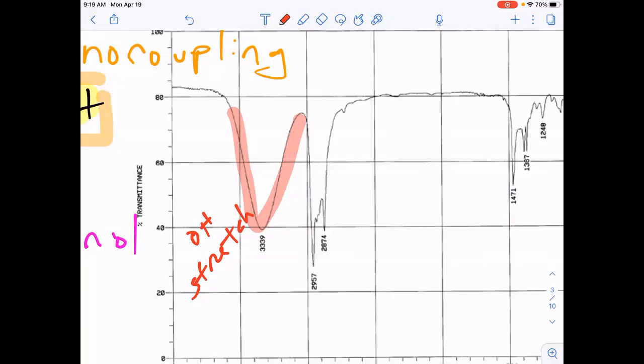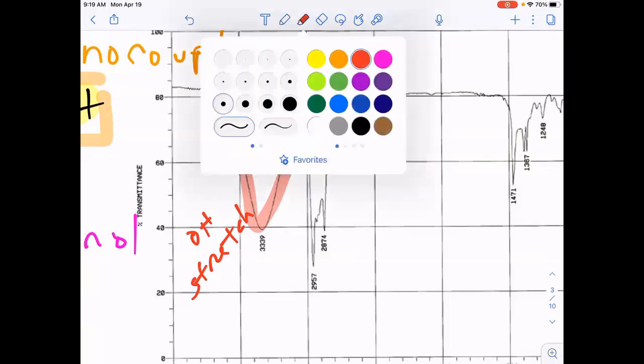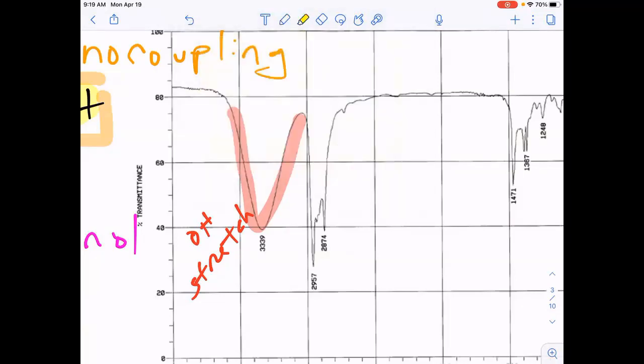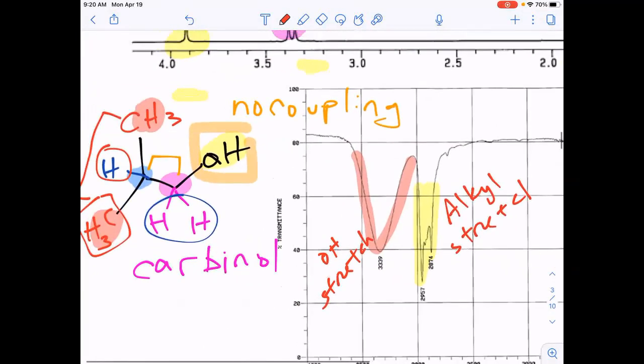And then right here, this stretching right here, that's your alkyl stretching. Anytime you have carbon-carbon single bonds, where everything is saturated, like the methyl groups and the CH2, there are no double bonds and all that stuff. It's just carbon chains. That's what the stretch looks like.